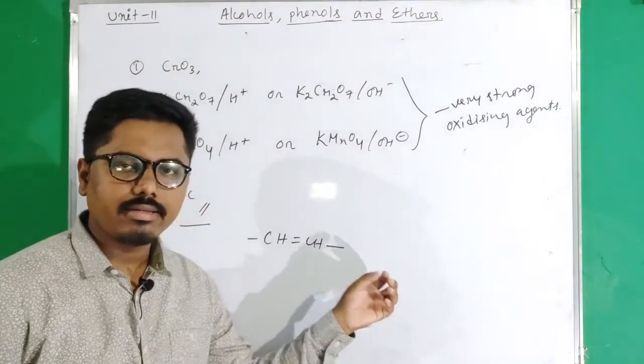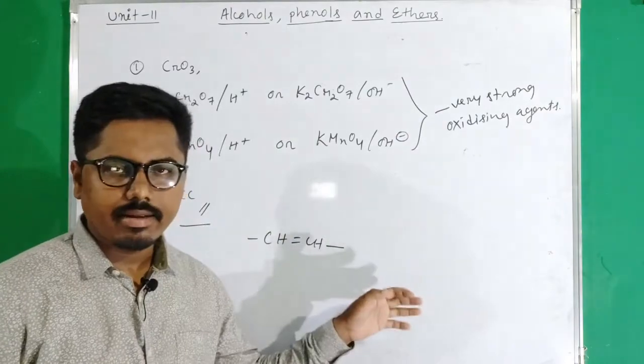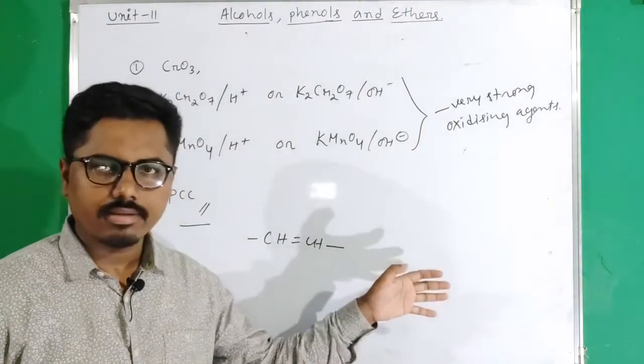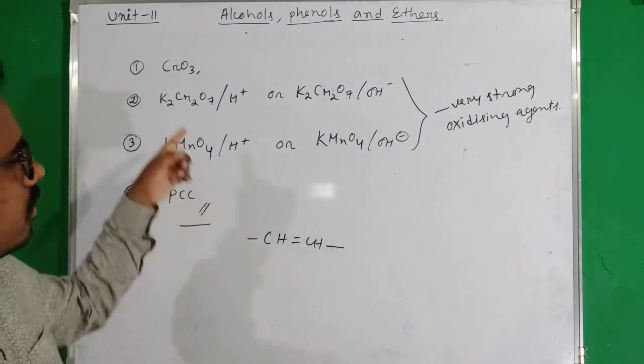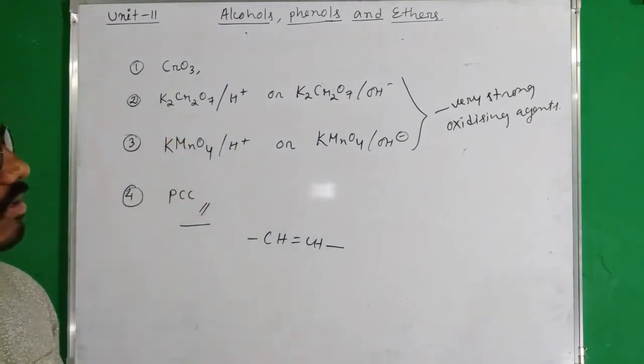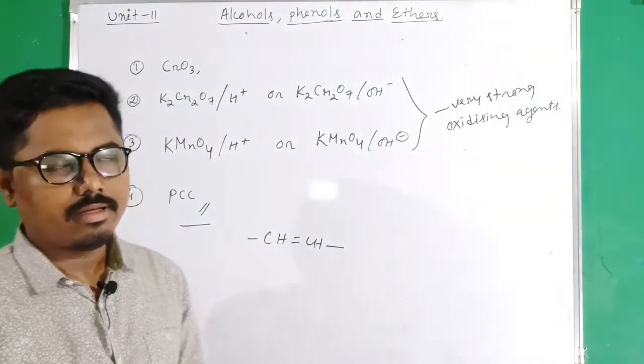Only aldehyde is the intermediate product. At first, alcohol is converted into aldehyde, and then the aldehyde is converted into carboxylic acid. Okay, always remember that. Therefore, generally these two oxidizing agents are not used to oxidize primary alcohols.